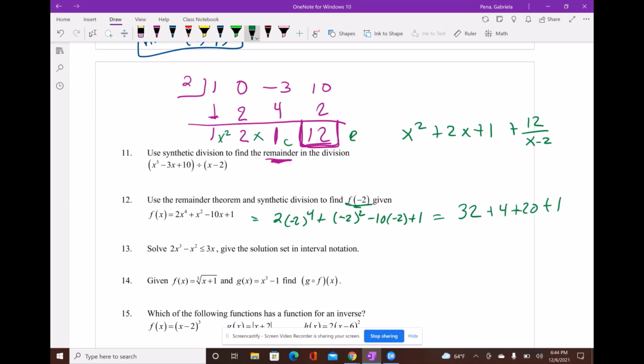So when you add all this together, 52, 53, 54, 55, 56, 57. That is correct. Final answer, 57. That's the remainder. If we would have done synthetic, we would have gotten the same answer.